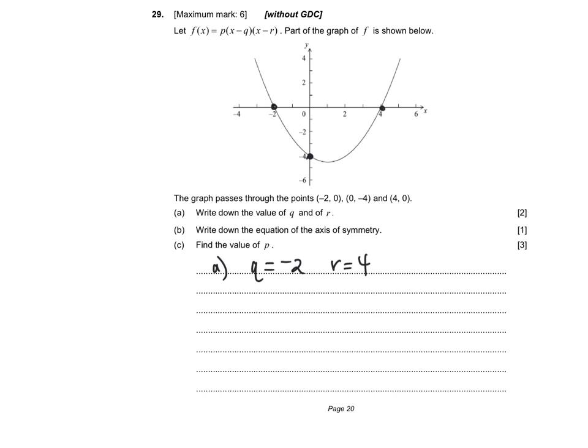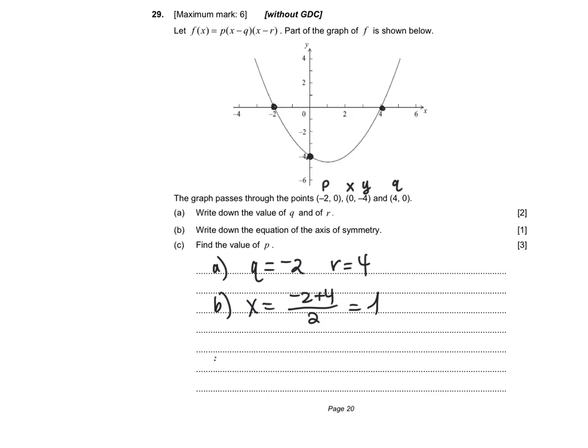And write down the equation of the axis of symmetry. So we average those, -2 plus 4 over 2, which is 1, and it looks like it. And find the value of P. So first of all, this is our X and our Y, and of course this is P and Q.